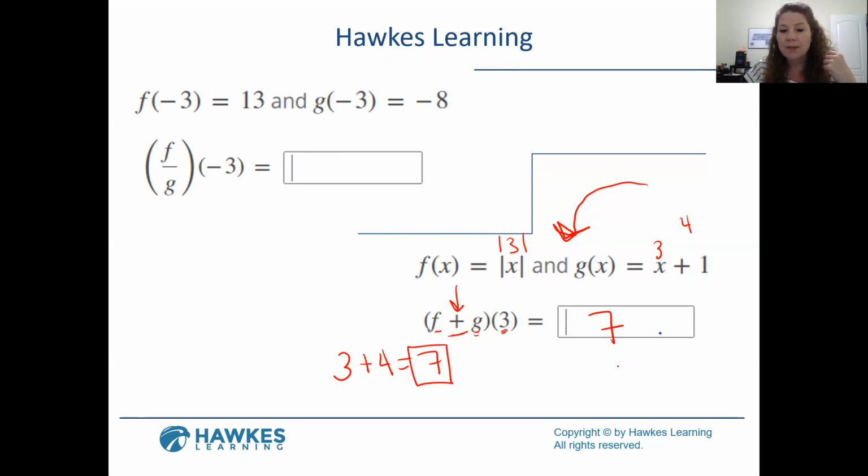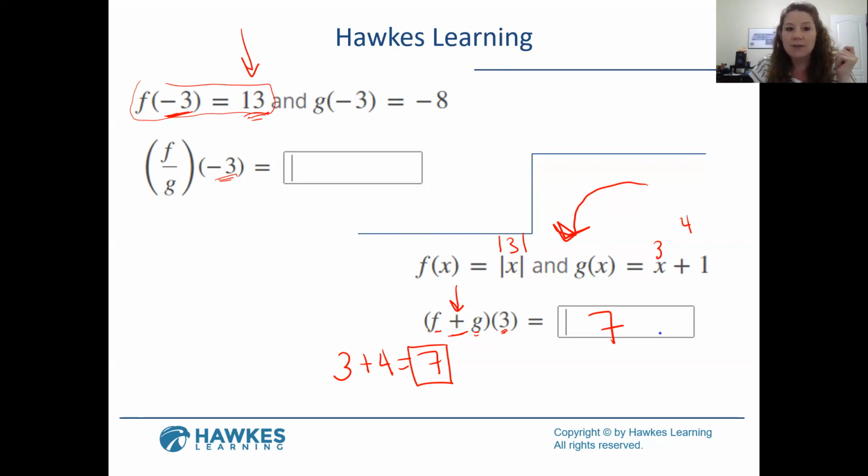Okay. Now this problem is a little bit different. This tells us to find the quotient of F and G, and they want us to make our unknown variable -3. Basically, the way this is written, they've already put in -3 for a variable, and the answer is 13.